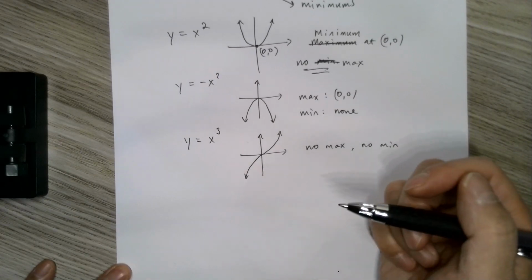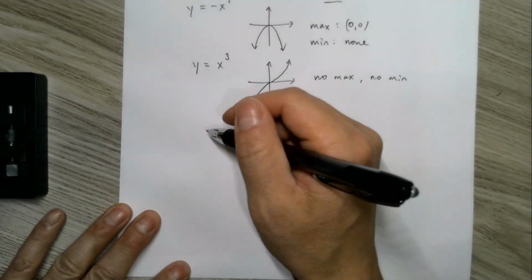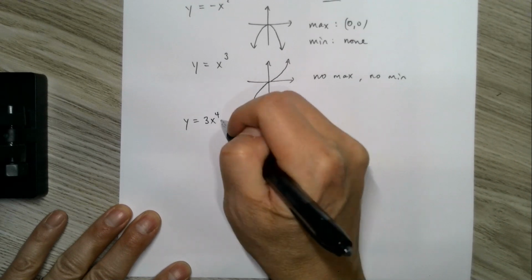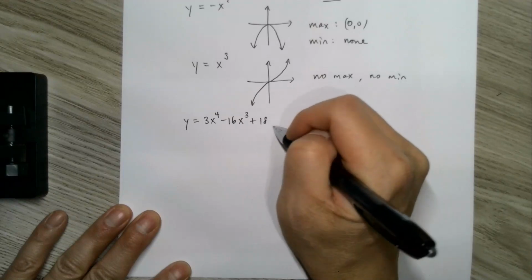Most functions are not that simple looking. Here's one that is much more complicated. We're not going to plot it ourselves. I've already pre-graphed this so I know what it looks like.